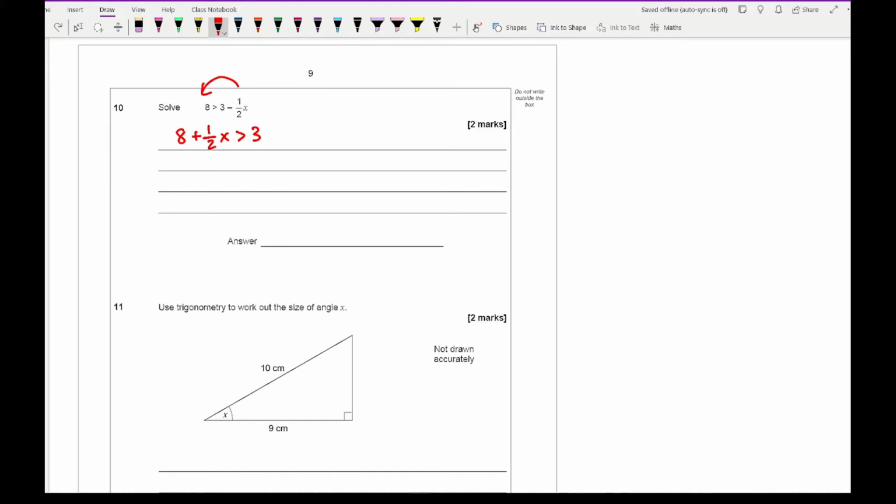Then I get rid of the 8, so I've got half x greater than minus 5. Then I take the half over, and I end up with x greater than minus 10. Now, if you write minus 10 is less than x, then that is absolutely fine. As long as the inequality is pointing at the minus 10, it's all good.